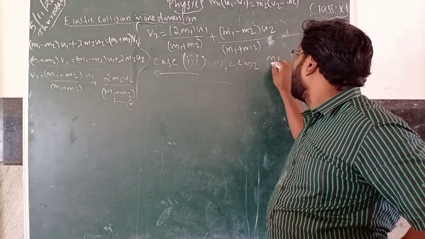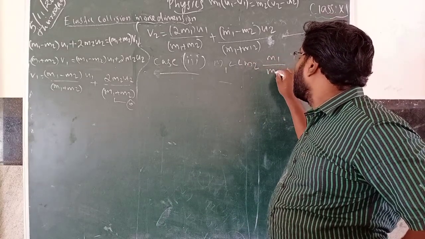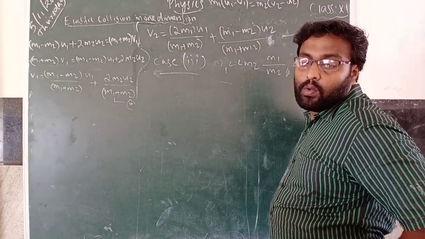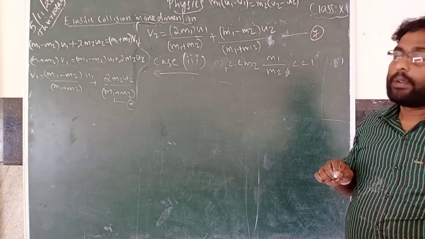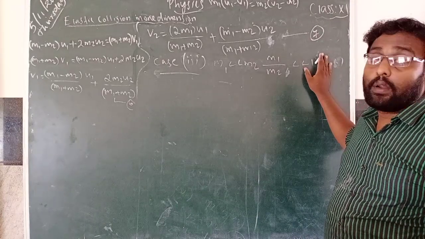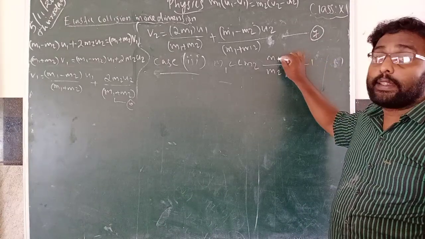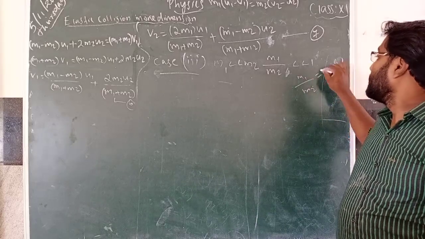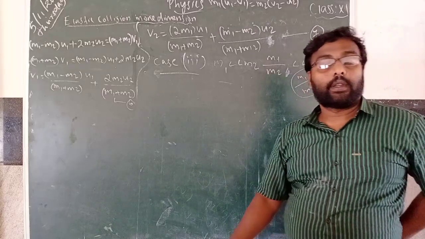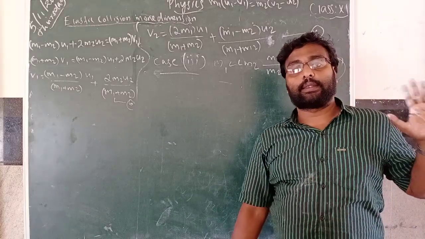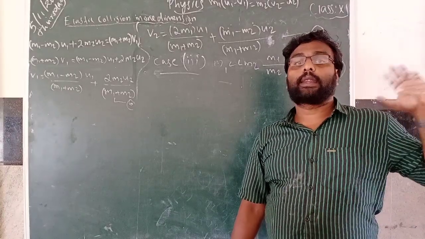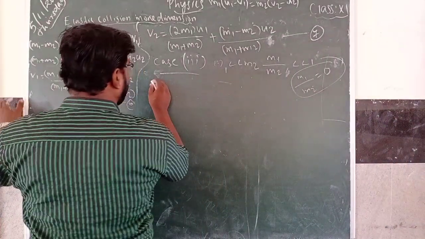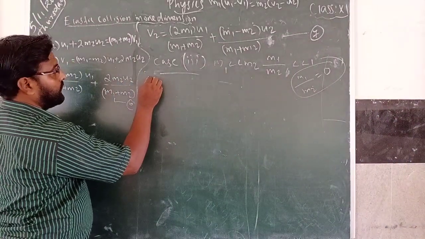So M1 divided by M2 is very much less than what? 1. Very much less than 1. So this ratio M1 by M2 means 0. M1 by M2 means you will get 0. That is case 3. So what I have to do means take equation 6.